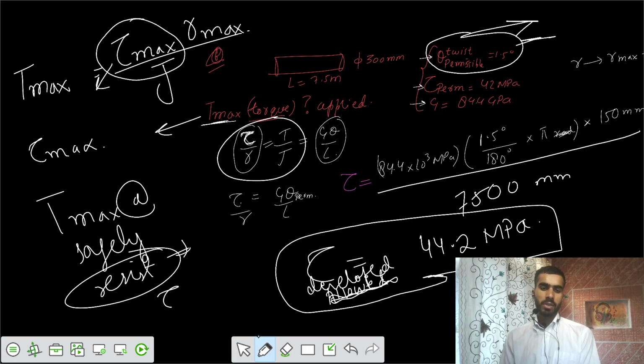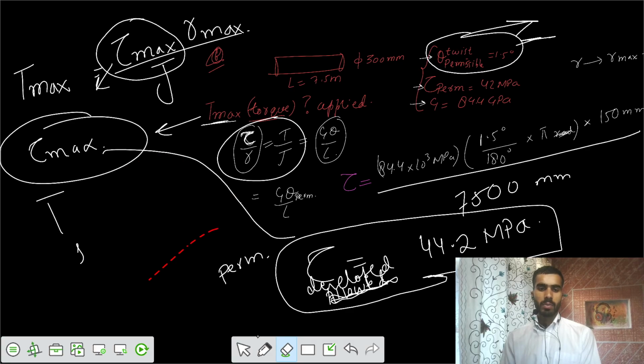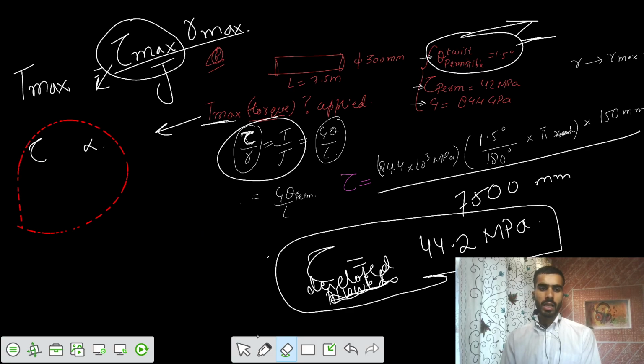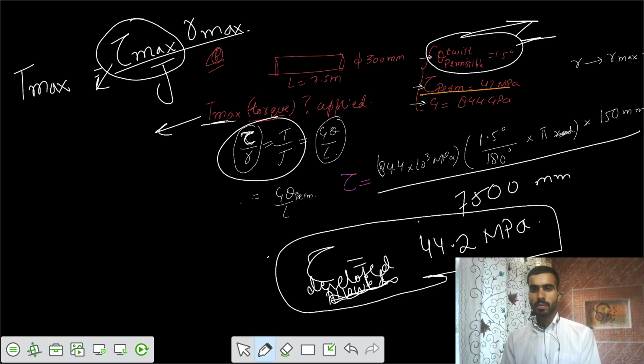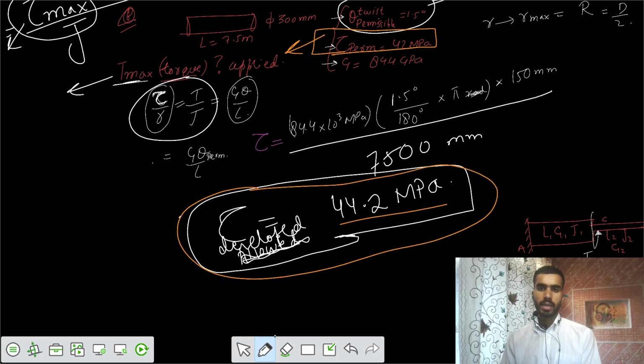That means tau should be less than tau permissible. So you can't say I can keep the tau as maximum. You should go for the permissible shear stress given in the problem. You see tau permissible equals 42 megapascal, and you got that tau can develop 44.2. That means if you allow theta equals 1.5 degrees, your shaft would fail.